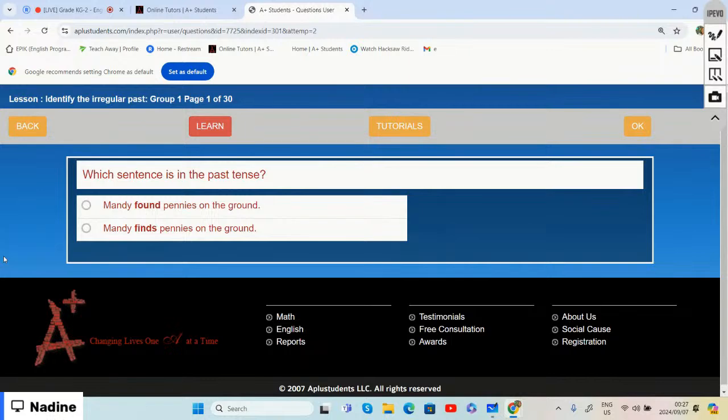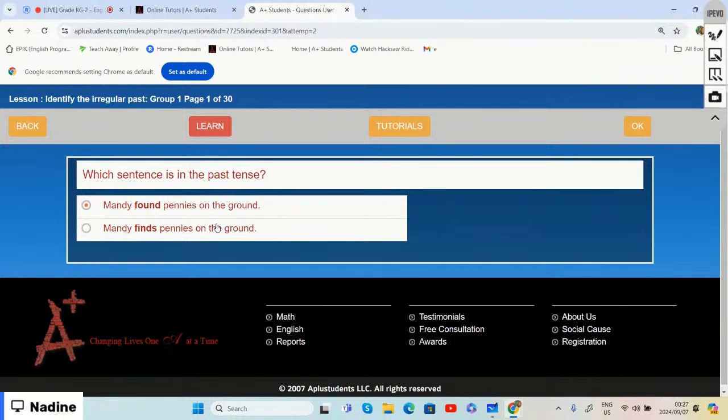All right, and if we were to identify our irregular past tense, then we will choose option 1. It says Mandy found pennies on the ground. Right, so found, because remember I find something now.